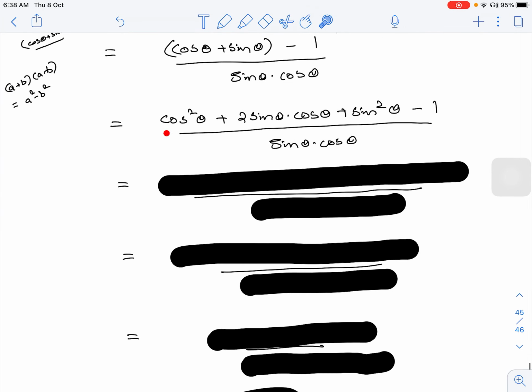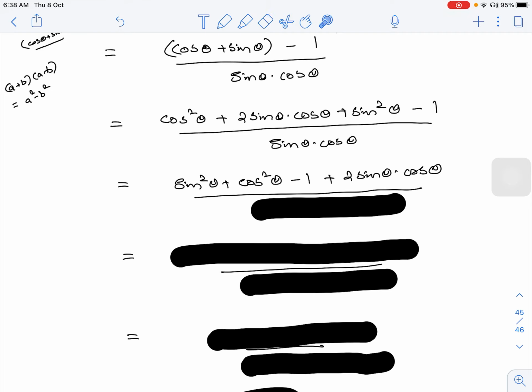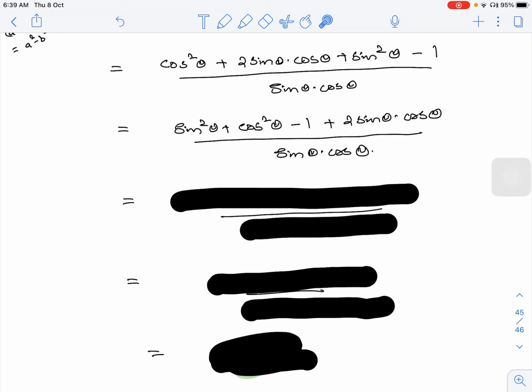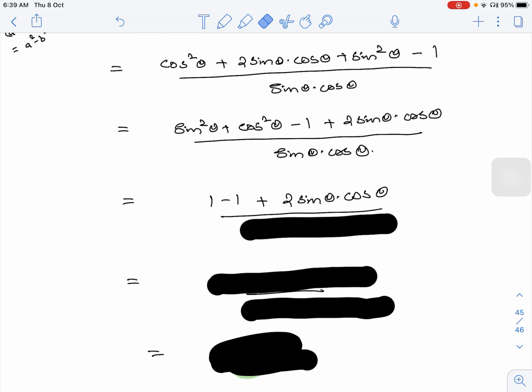So instead of this cos square theta plus sine square theta, what value will we use? We will use 1. So in the next step, we get sine square theta plus cos square theta, that is this 2 we brought here, minus this 1 plus 2 sine theta cos theta, divided by the denominator as it is. Now instead of this we will write 1, by the identity. So now we have written here 1 minus 1 plus 2 sine theta cos theta.